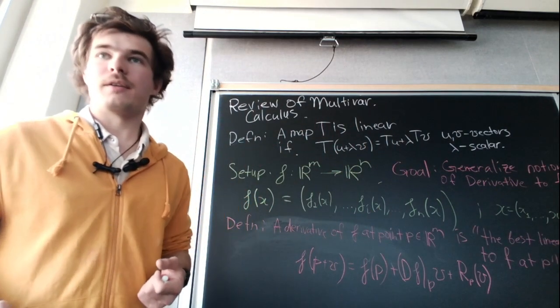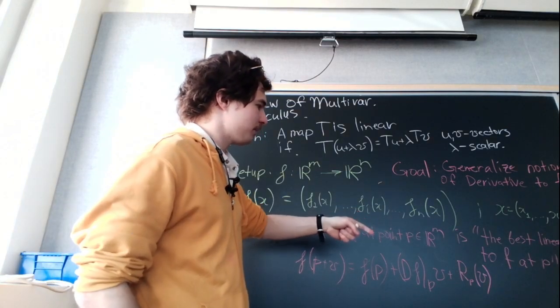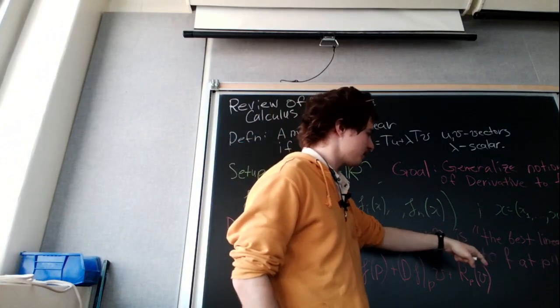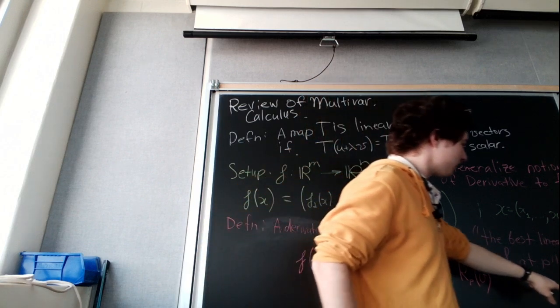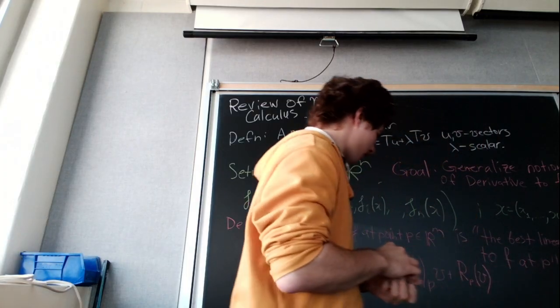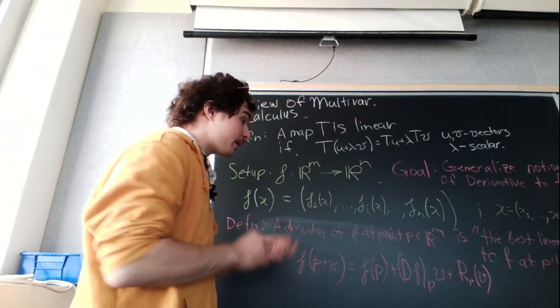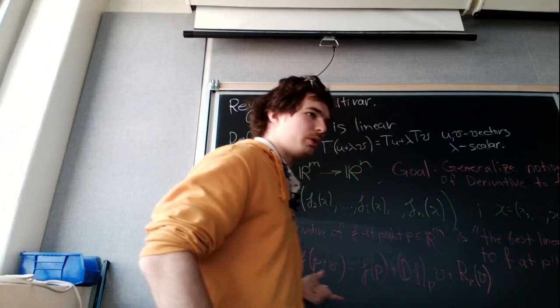So a derivative of f at point p is going to be the best linear approximation to f at point p, which I will denote like this: df sub p. Okay. So this is like words. What do I mean by these words?